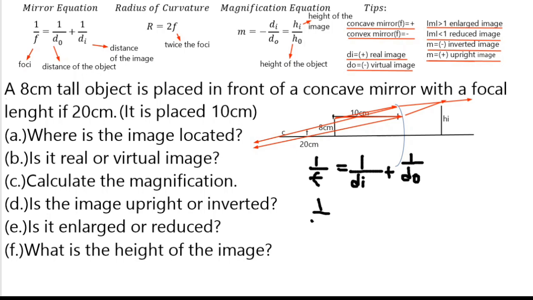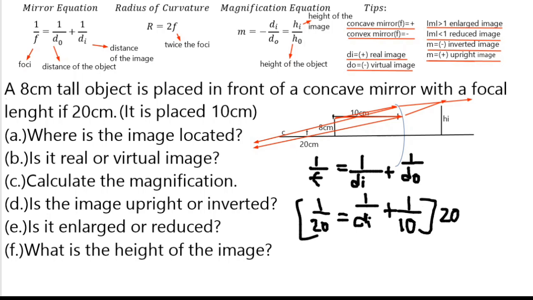Now let's do this. We're just going to plug in every formula here. You can pause the video and read the problem because I'm just plugging in things. What we're going to find here is the distance of the image. We already know how to calculate this and how this works.